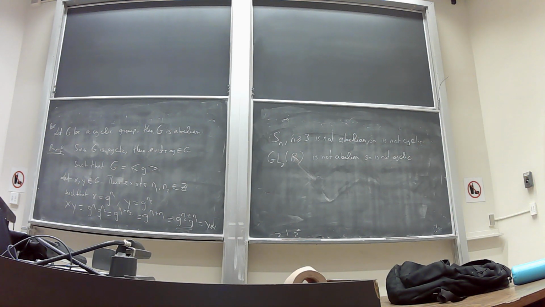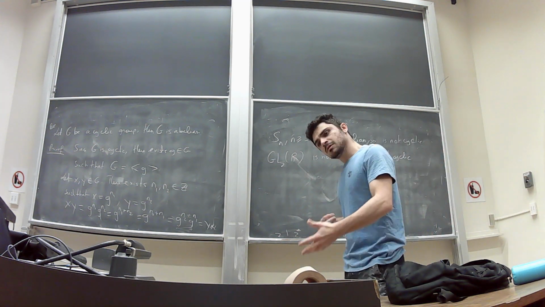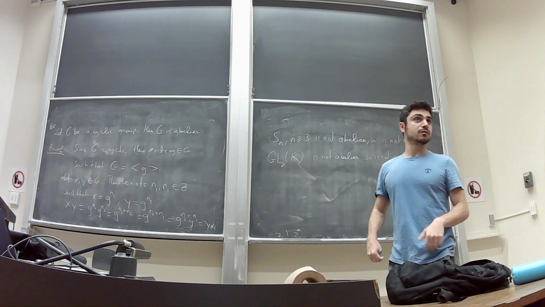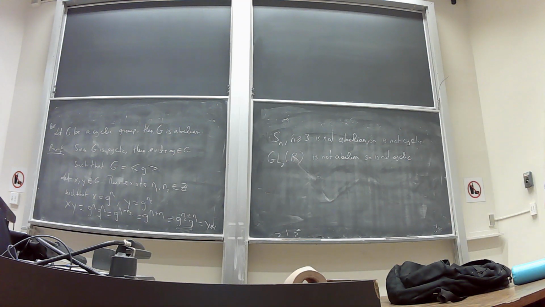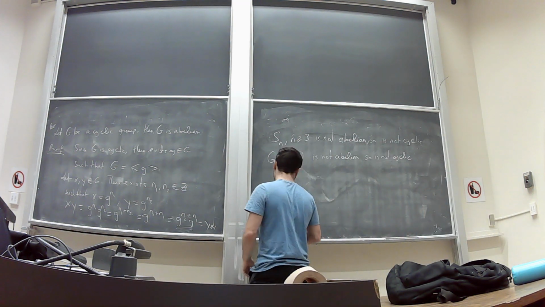Okay? So if you know a bit about cyclic groups, then you might say something about finite abelian groups. That something turns out to be a lot of things. Okay? Great.